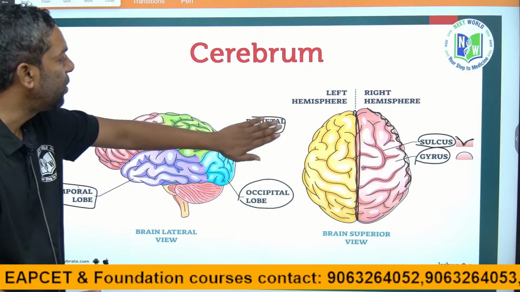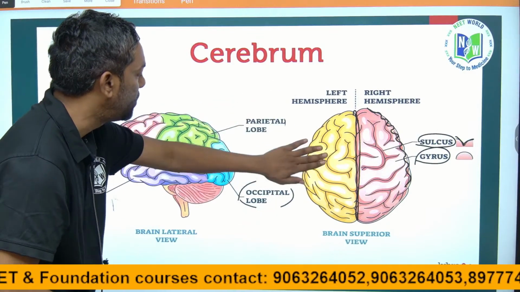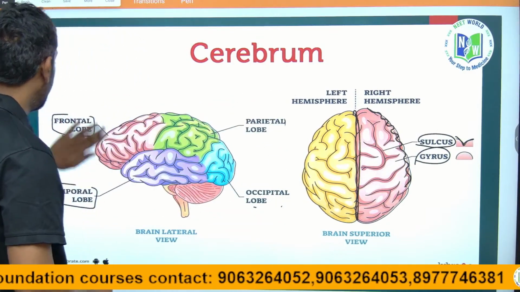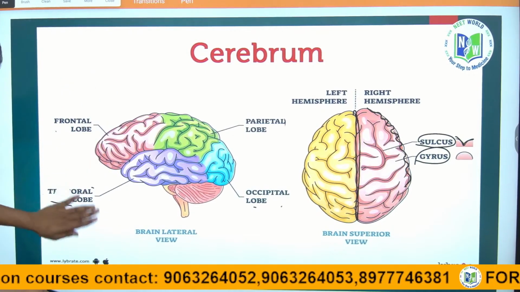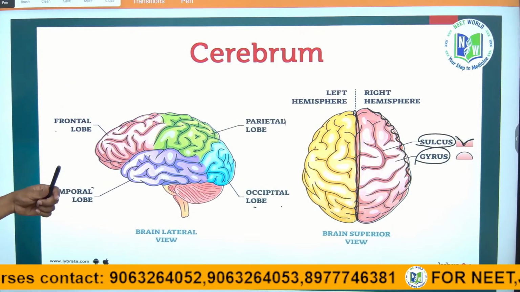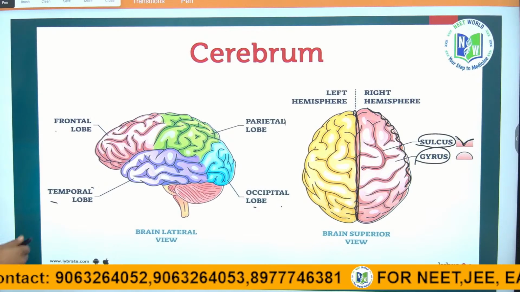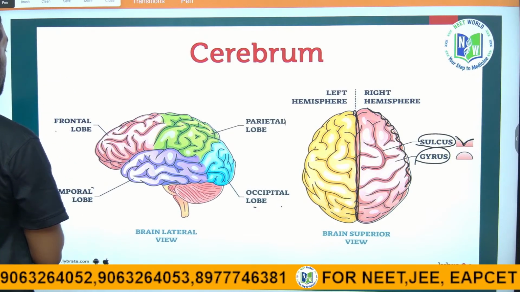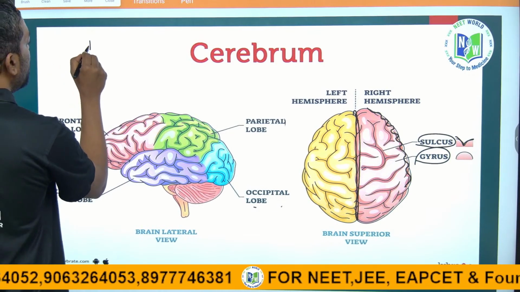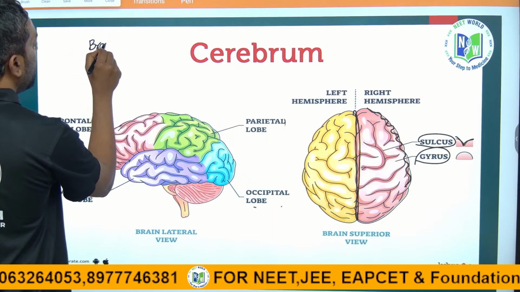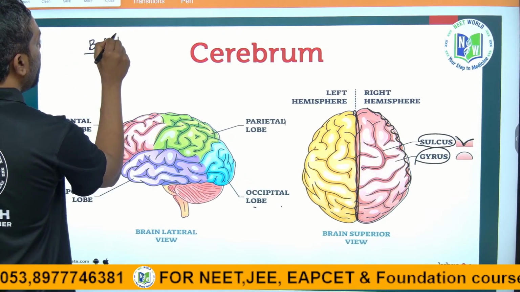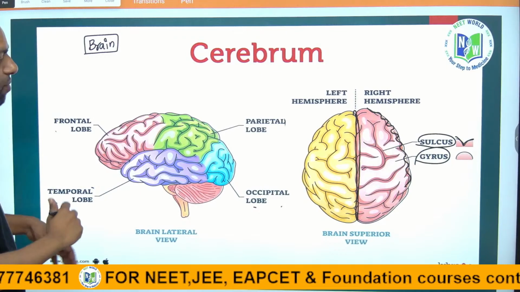So guys, what are the parts involved in the function? We are going to discuss each lobe. First, the brain can carry sensory information. The brain is the supreme part of the body.